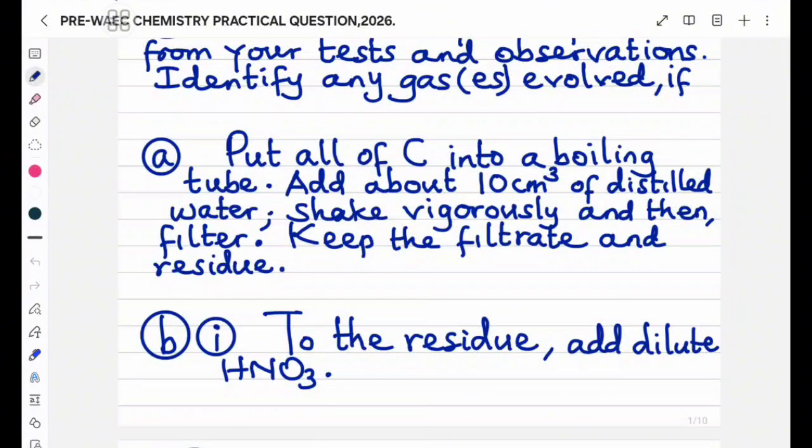And the essence of shaking is to enhance the solubility of the substance in water. Now don't forget that I said we shall be assuming that C consists of two white substances, lead carbonate and starch.